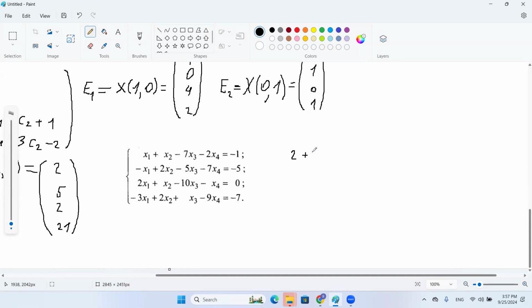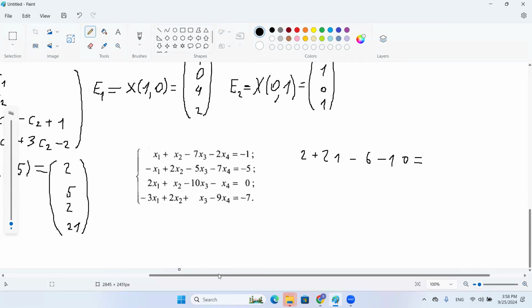So 2 plus 21 minus 6 and minus 10. Something is incorrect here. So 2 plus 21 minus 6 minus 10.